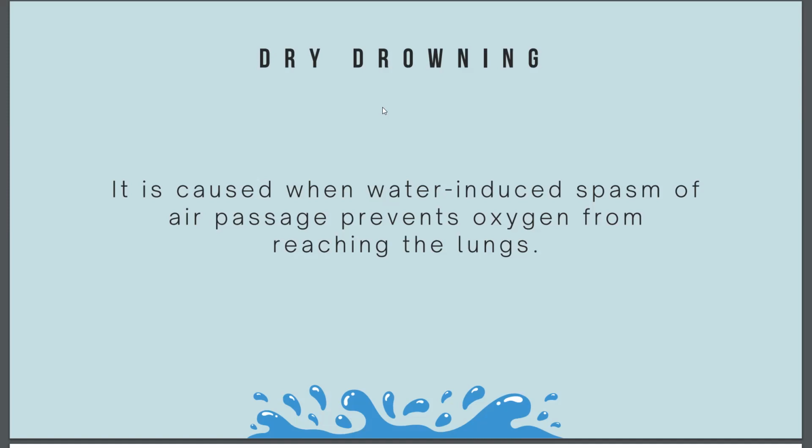through the nose or nakalunok yung tao through the mouth, yung muscles sa windpipe natin can be constrained in order to protect our lungs. So dry drowning is one type of drowning wherein a person takes in a small amount of water through their nose or mouth and it causes a spasm that makes the airway close up.